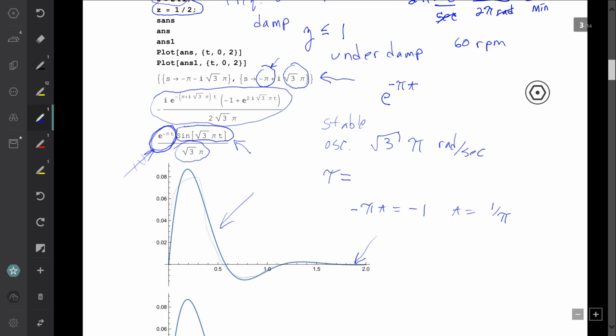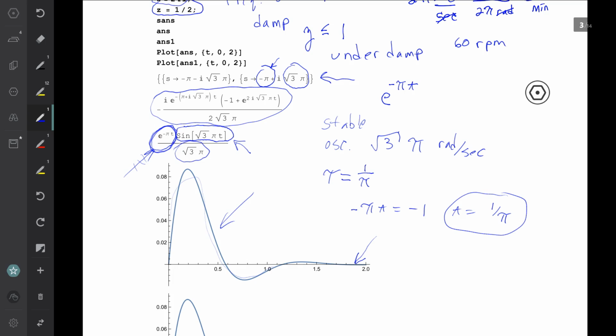The easier thing to do is you take the real part, change the plus and minus sign so it becomes positive in this case, and then you take 1 over that value. So the time constant, looking at the s equation, is 1 over pi, which is what I'm calculating officially here. So that's the time constant.